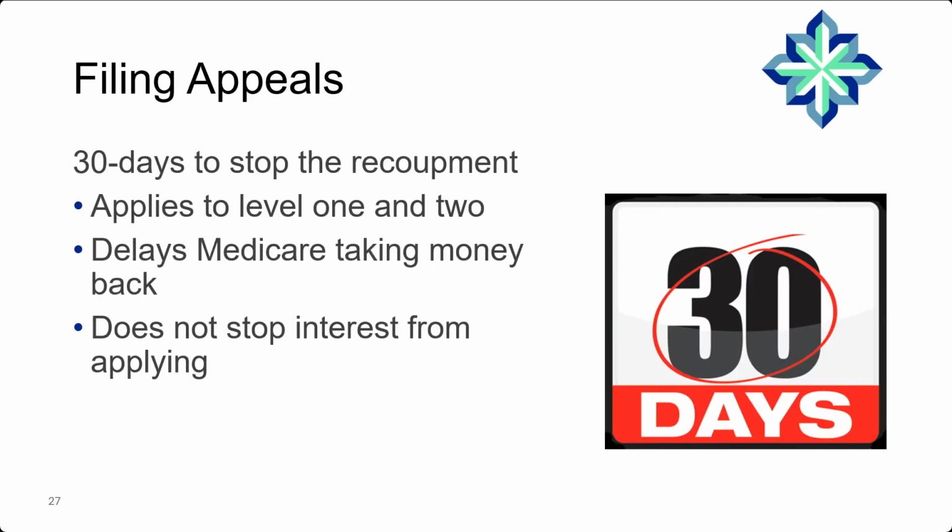We'll also give you an additional 30 days afterwards to file level 2 before we begin the recoupment, even if we uphold our own decision. And that's because if you happen to file within that time frame, we will not take money back. Basically the goal is just to stop the take back in case we agree with you. If we should overturn it, why would we want to take your money back just to simply have to reissue you the money? That's what this process is.